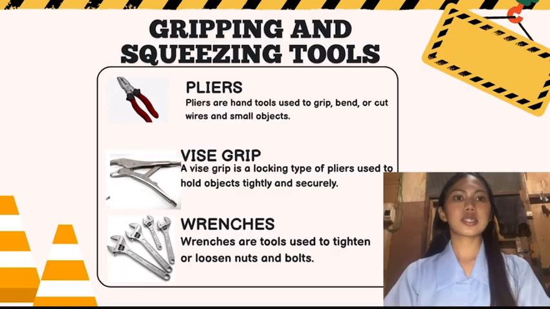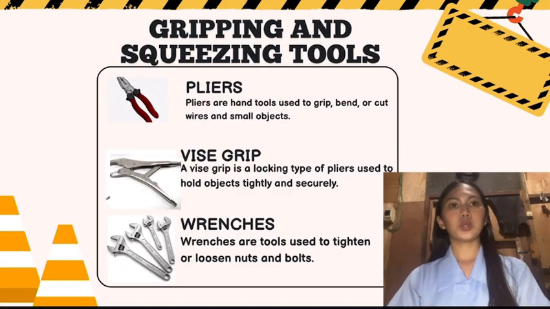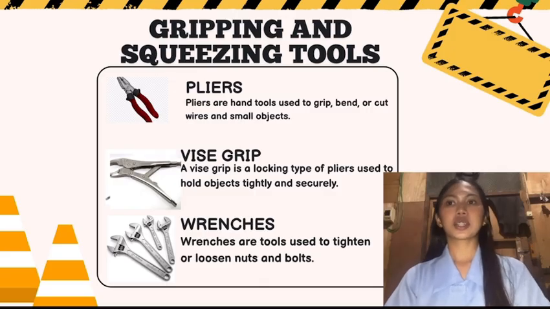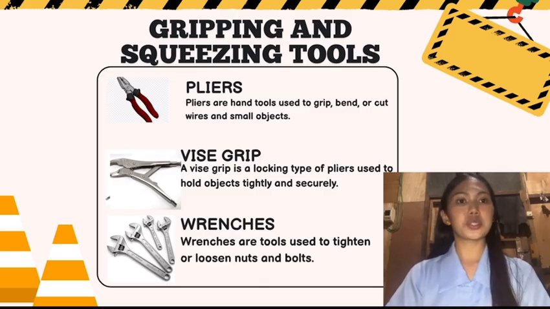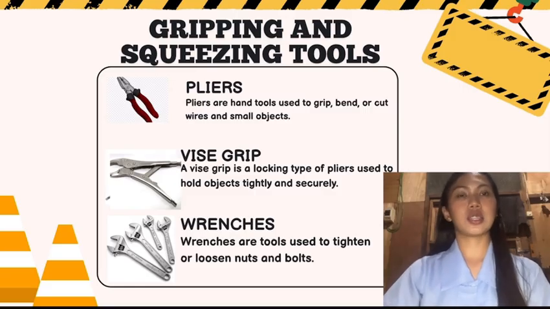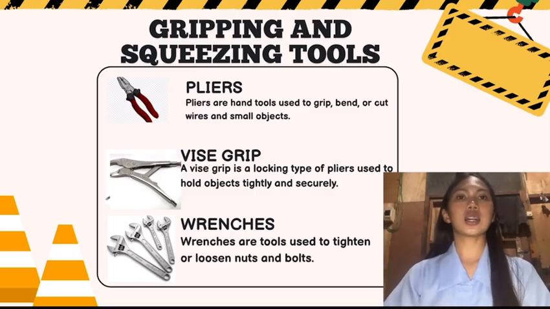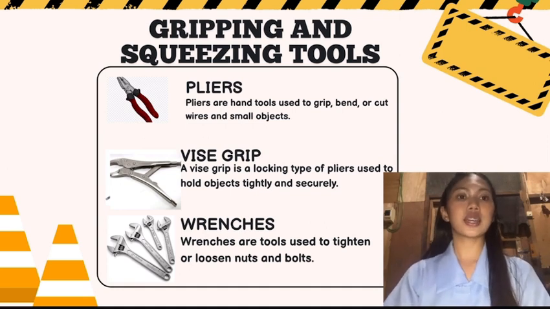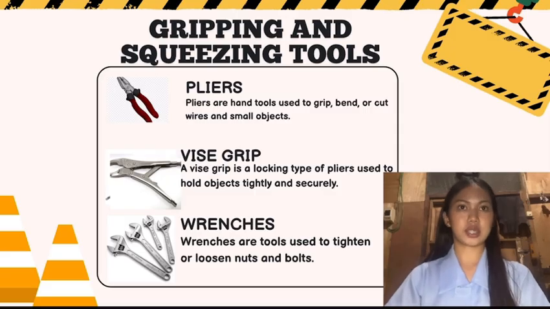And the ninth classification of hand tools is gripping and squeezing tools. Gripping and squeezing tools are used to hold, twist, or tighten objects. There are three examples, which are pliers, vice grips, and wrenches. Pliers are hand tools used to grip, bend, or cut wires or small objects.